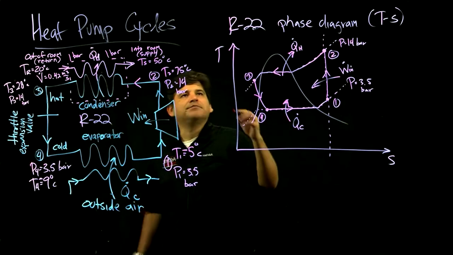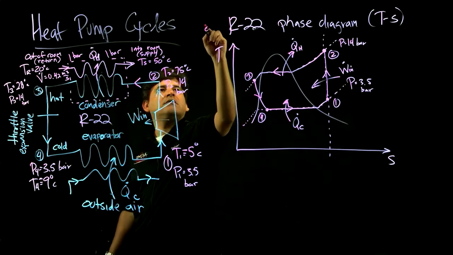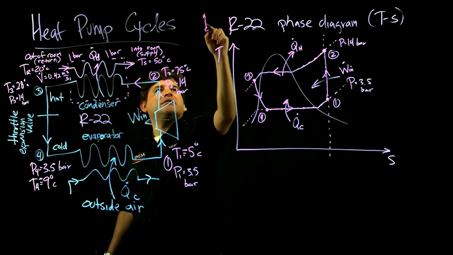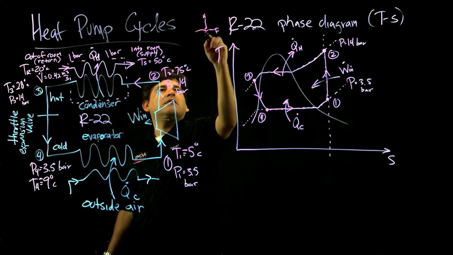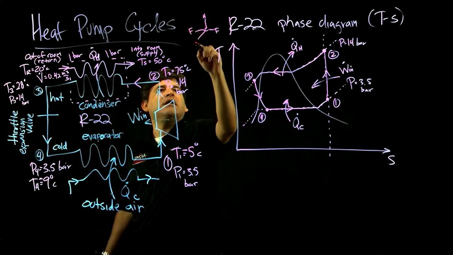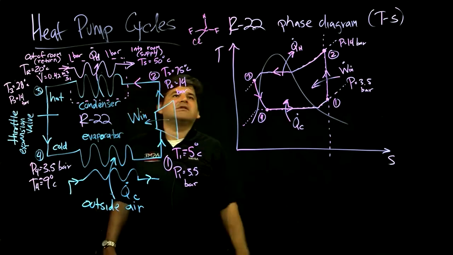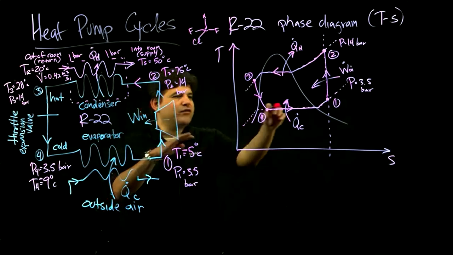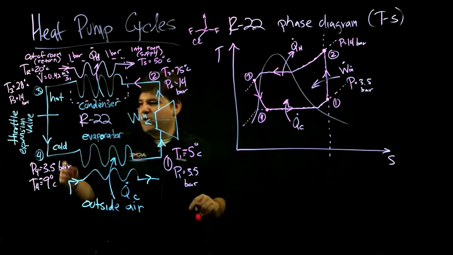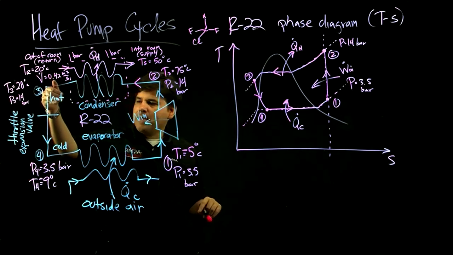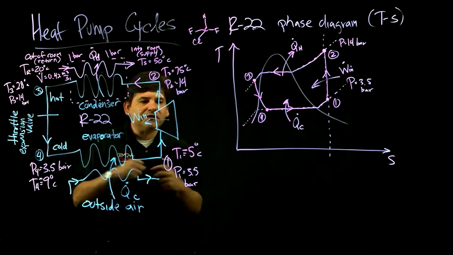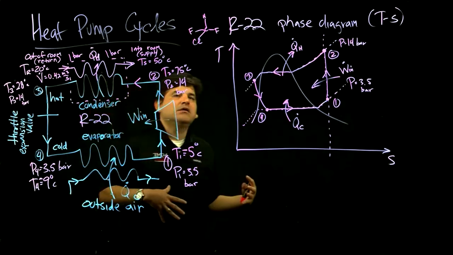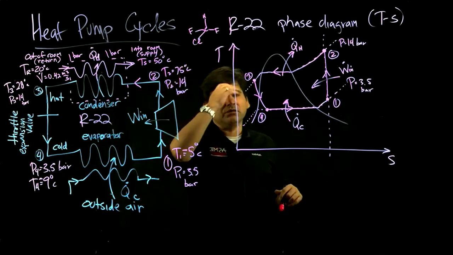It's carbon, hydrogen, 2 fluorines, and then chlorine. So that's R22. That's not water. Because of that, it has these different ranges of temperatures and pressures, and we like it because when you go from high pressure to low pressure, it's going to get a super low temperature. That's why we use these molecules.